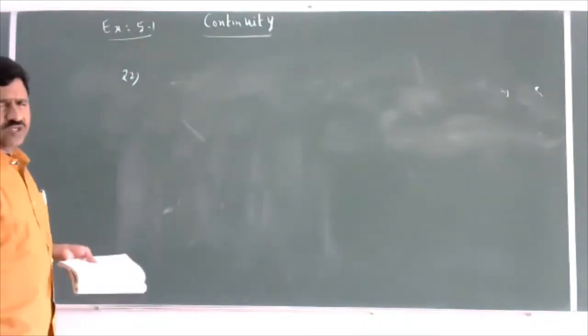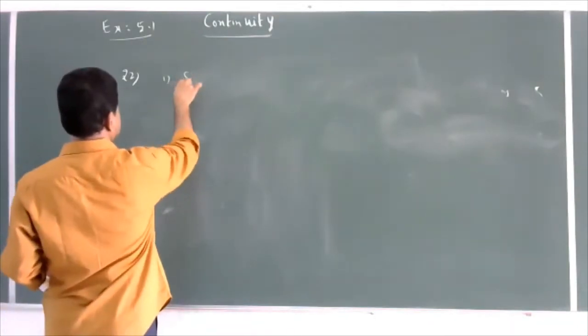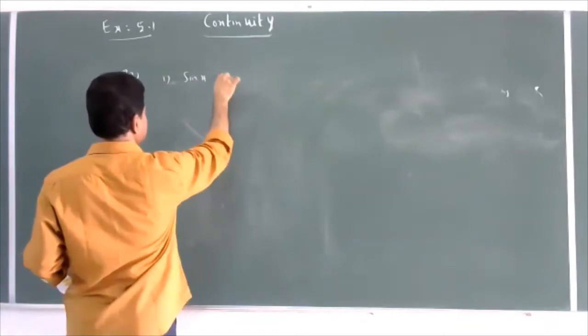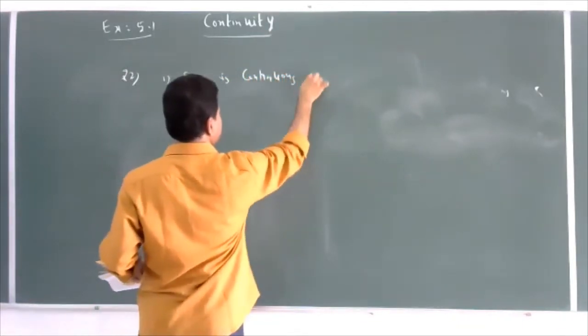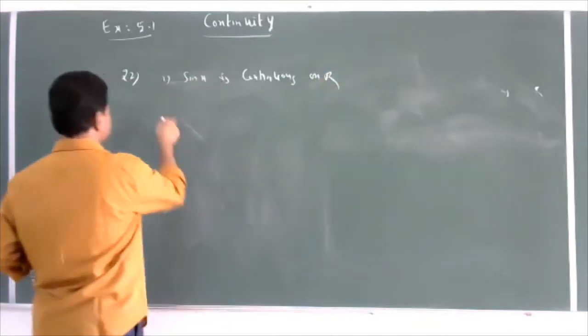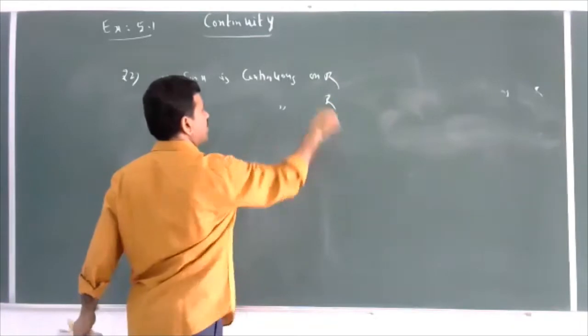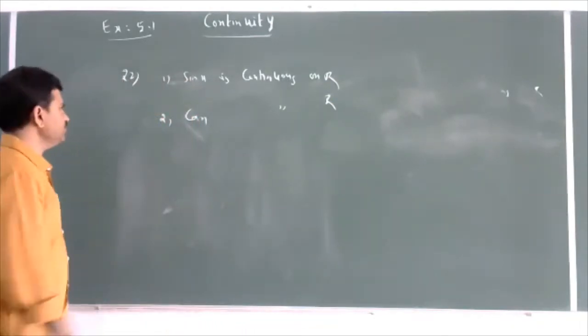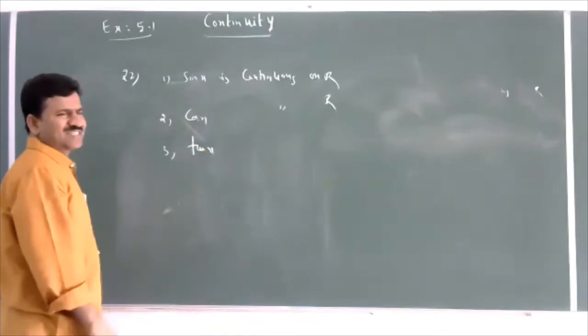We know the domains of the trigonometrical functions. Already we discussed it. First one, sin x is continuous on R. Cos x is also continuous on R. Third one, tan x. What is the domain of the tan x?